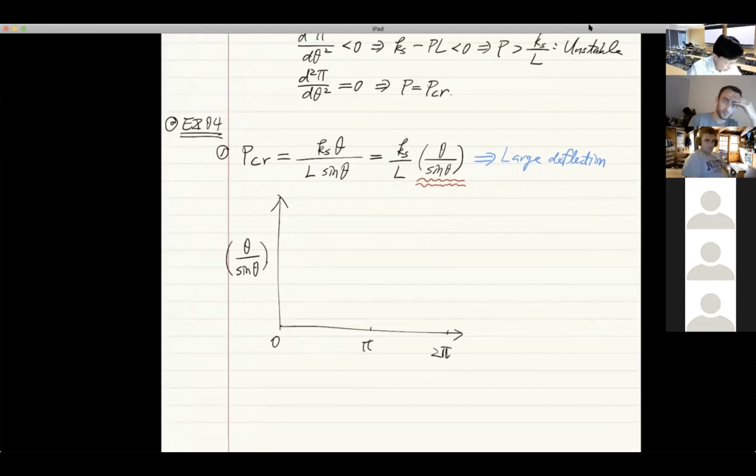It's going to increase from start with 0, like this. When it approaches pi, it would jump, actually goes to infinity, and then another one comes back like this. And then goes down like this.